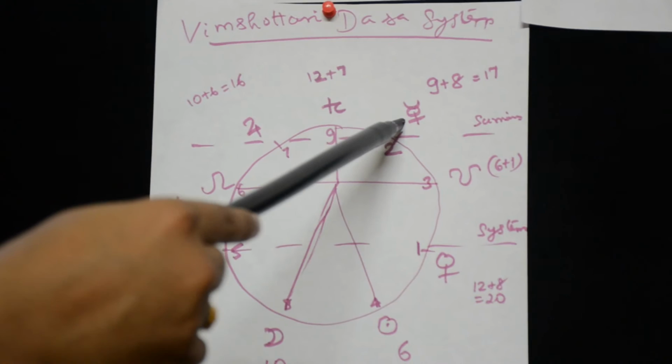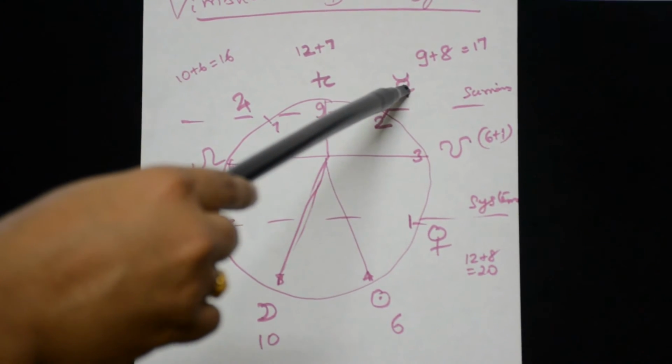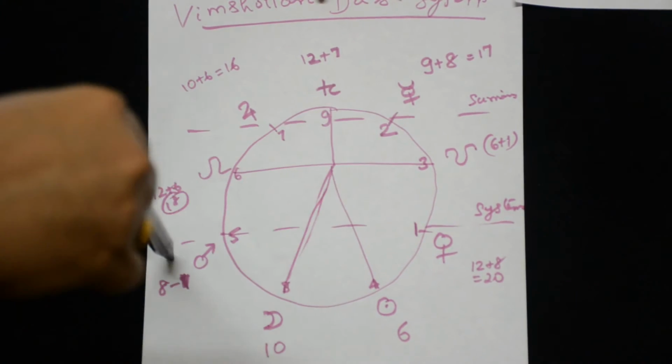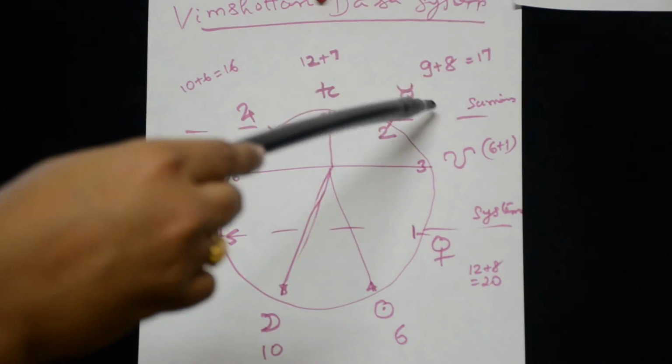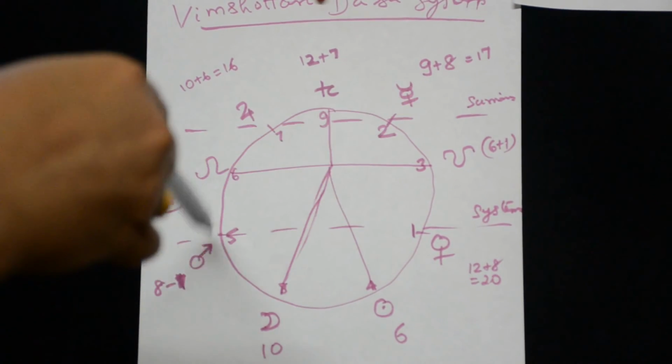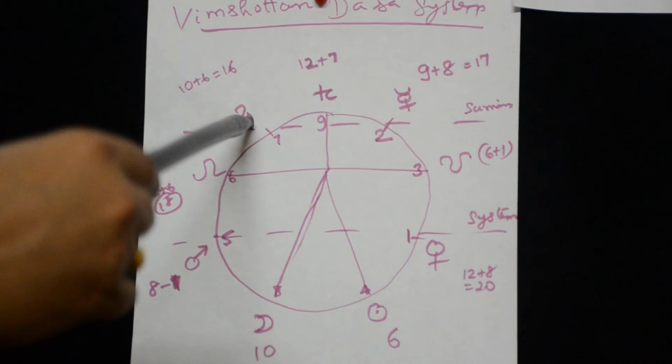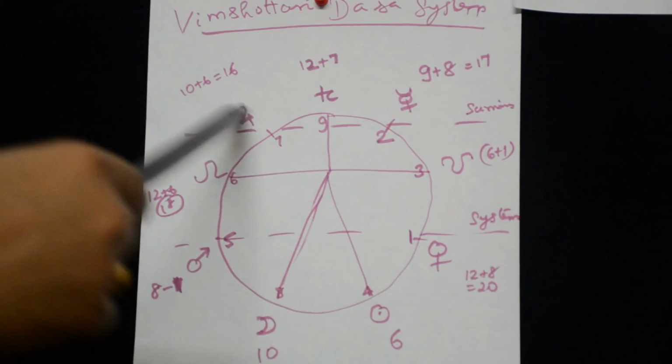So if this surrounding is on this side, then its corresponding system should be on the exact opposite. So when Mercury is on this side, you get Mars exactly opposite. Similarly, when Jupiter is on this side, you get Venus exactly opposite.